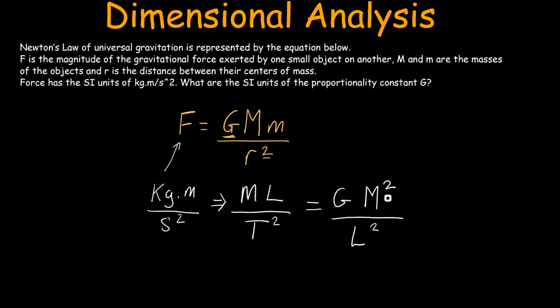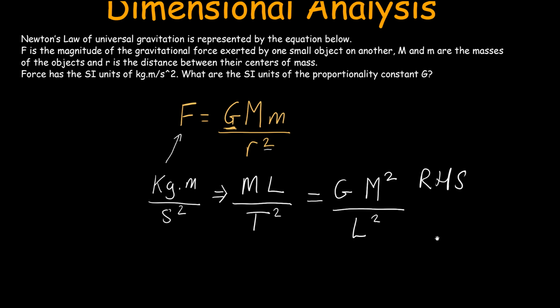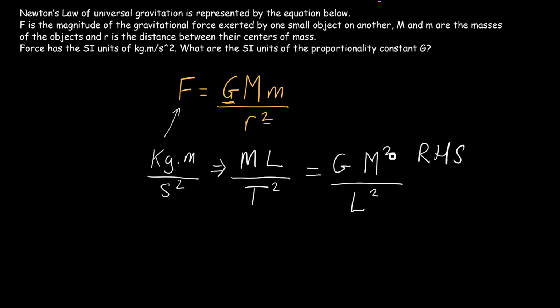So we want to cancel out all the terms on the right-hand side of the equation here. So how can we do that? Well, to cancel out the mass squared on the right-hand side here, we can simply divide both sides of the equation by mass squared, by the dimension of mass squared.